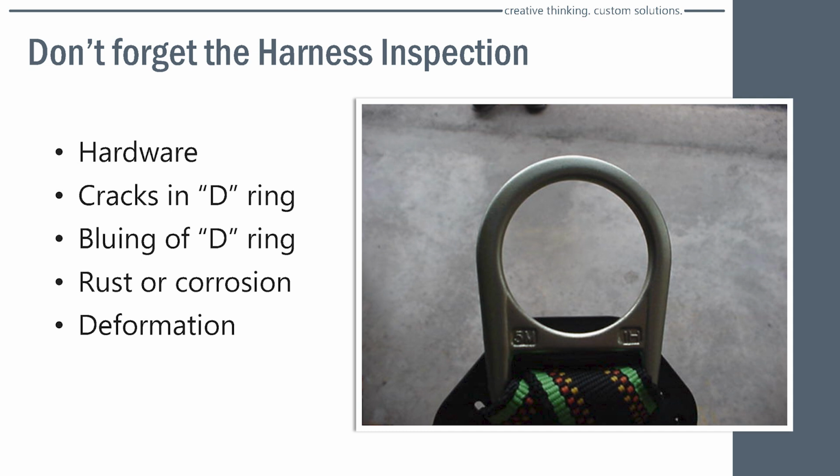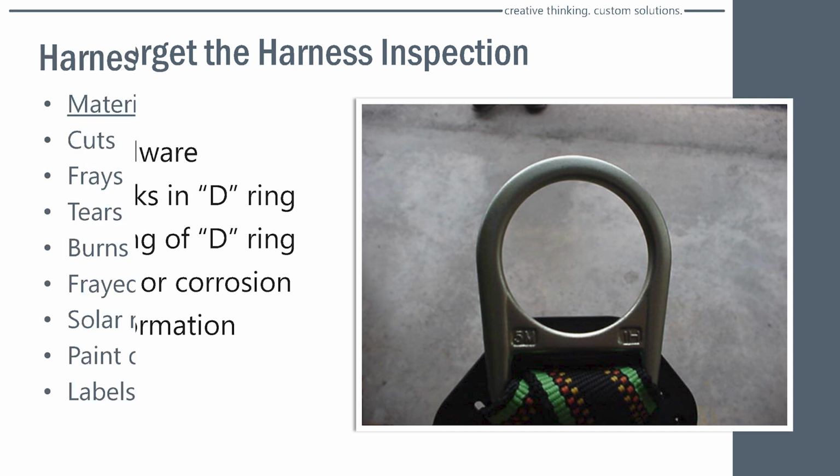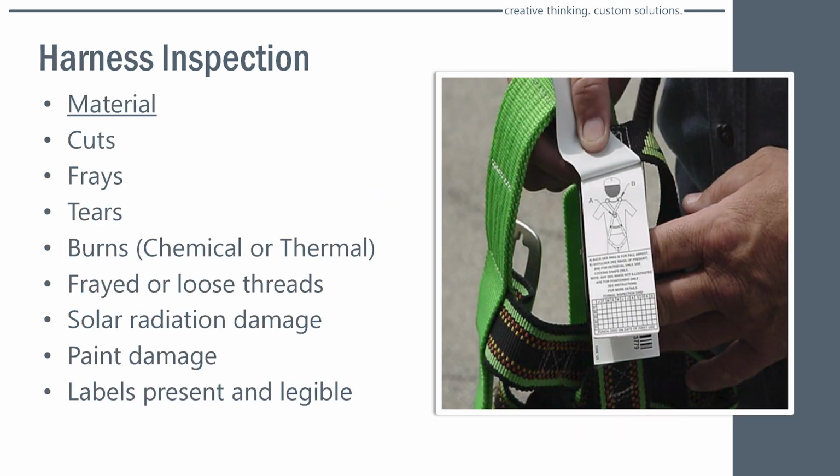Now, we mentioned this a while ago, as far as the hardware: the bluing, rust or corrosion, deformations. How could you have a deformation if it's gone through a fall or if it was used incorrectly? Remember I mentioned a while ago on the harness, you may see a tag like this right here.